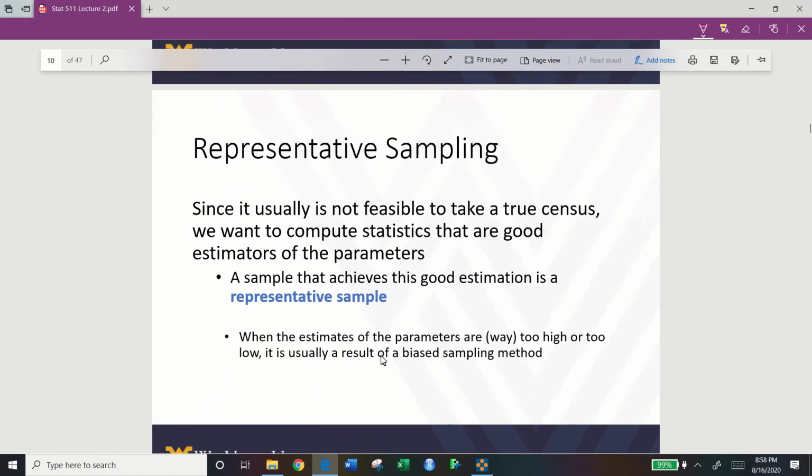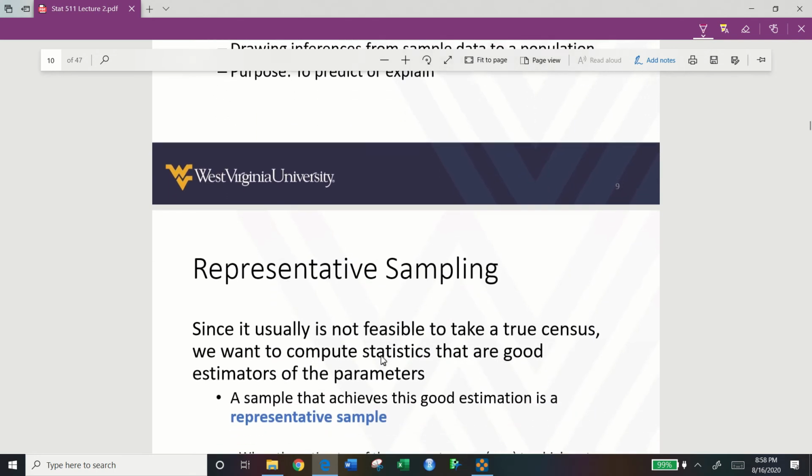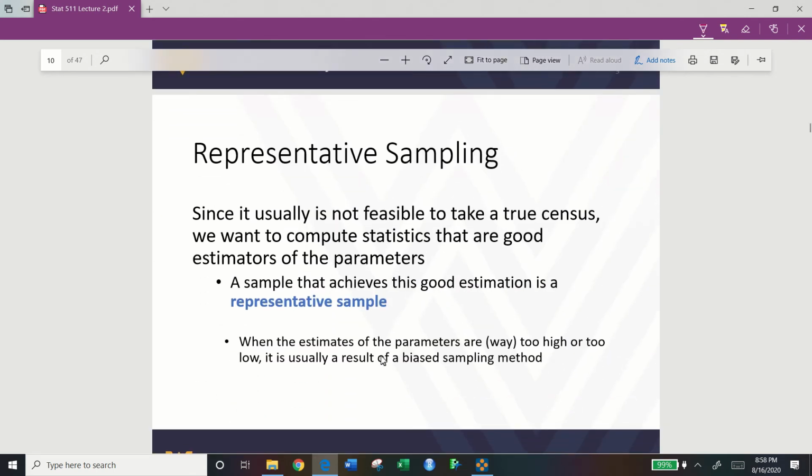Now, sampling is a pretty big concept for statistics because our statistics that we use to explain, predict, or summarize a population need to be representative of the whole population.